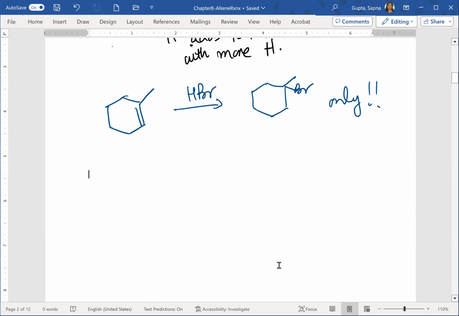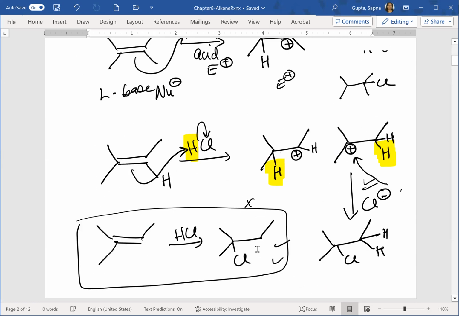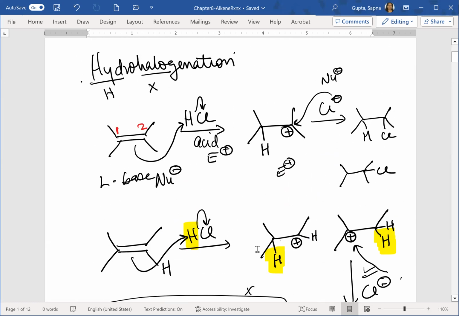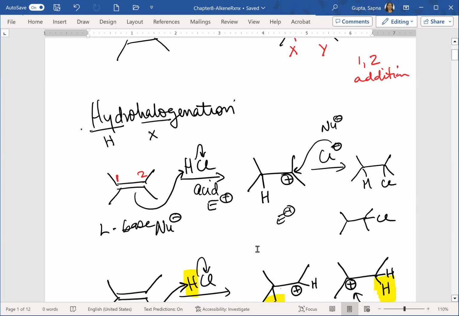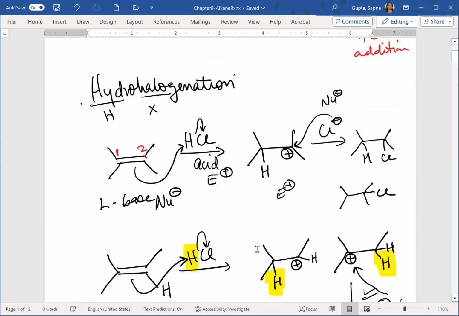If you have a symmetric alkene, by the way, then you don't have a Markovnikov product. The first alkene that I wrote out doesn't have any Markovnikov product, which is this one. This is not Markovnikov or anti-Markovnikov because it's a symmetrical alkene.